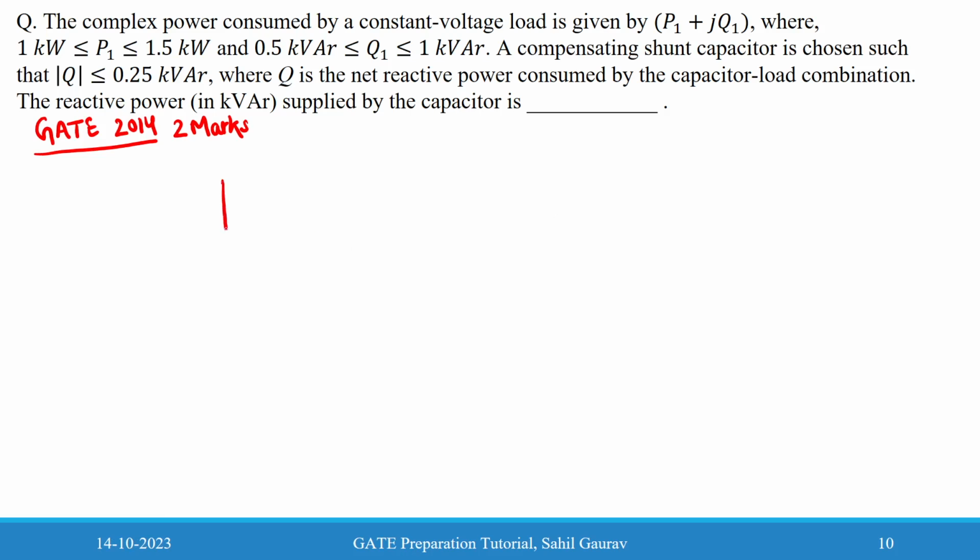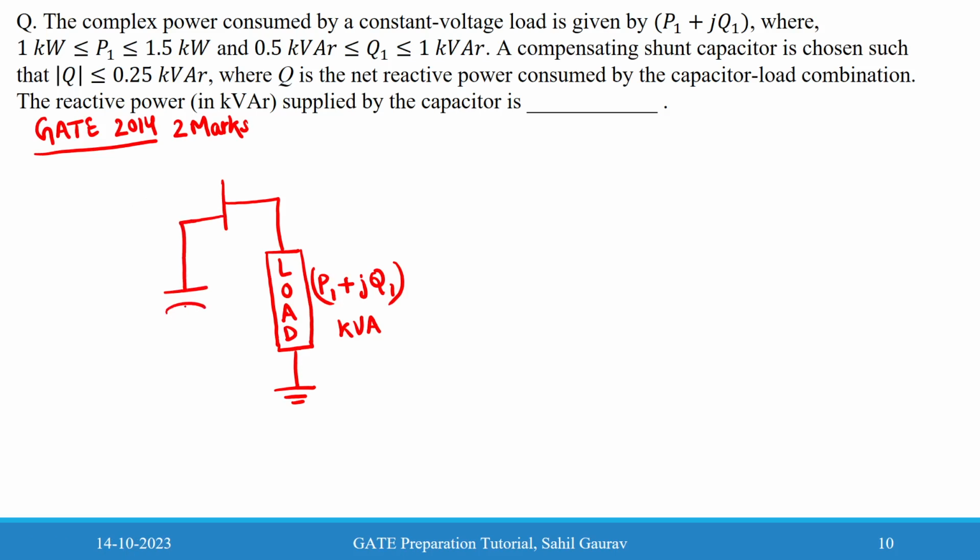So at one node a load is connected whose demand is P1 plus jQ1 kVA, and a shunt capacitor is connected to it for reactive power compensation, and this is the line that is supplying the reactive power.